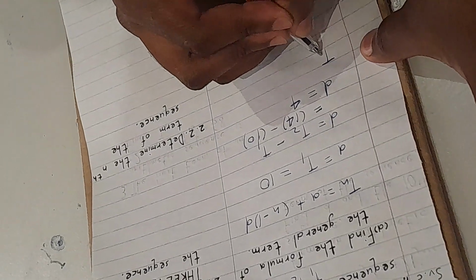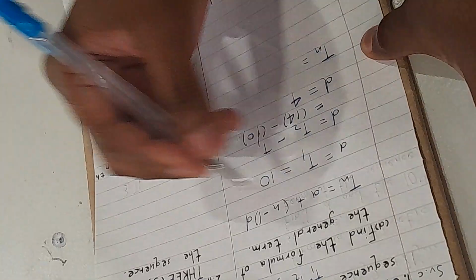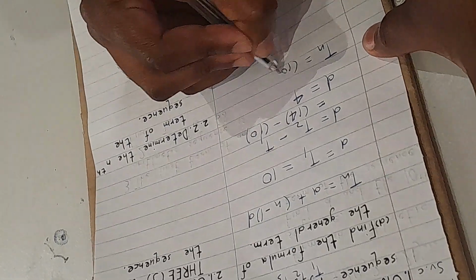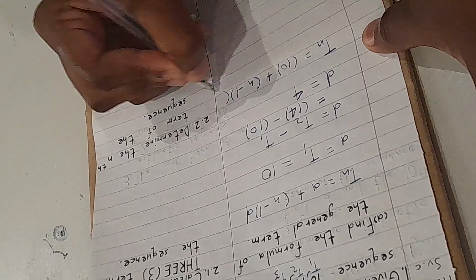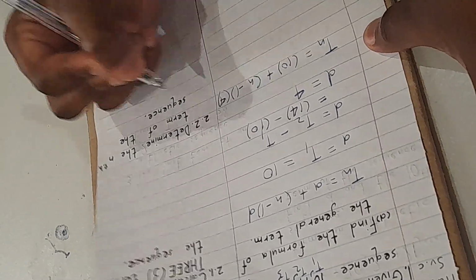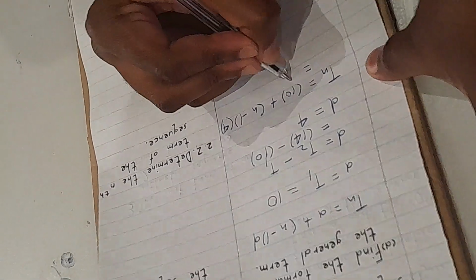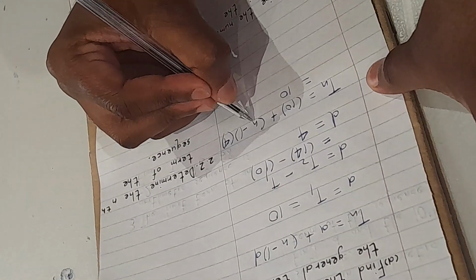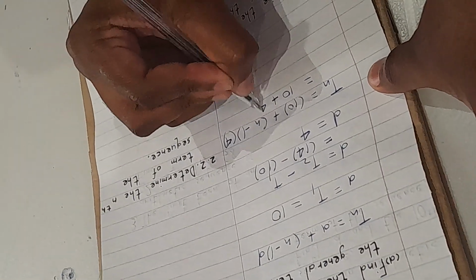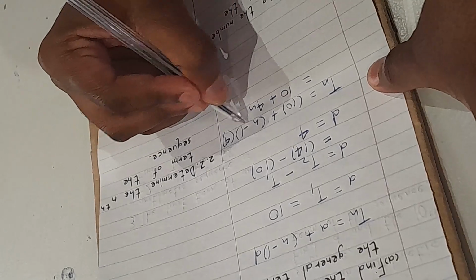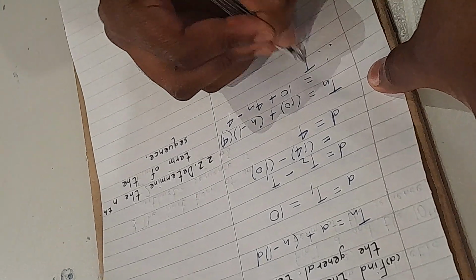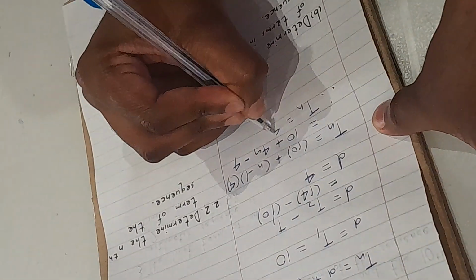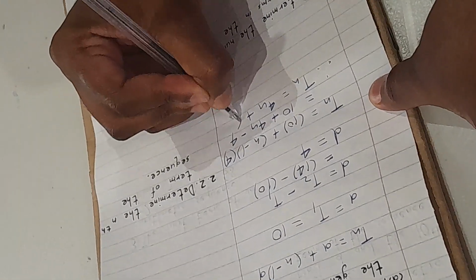So it's going to be Tn is equal to 10 plus n minus 1 times 4, which is 10 plus 4n. 4 times negative 1 is negative 4. So the formula for the general term is Tn is equal to 4n plus 6.